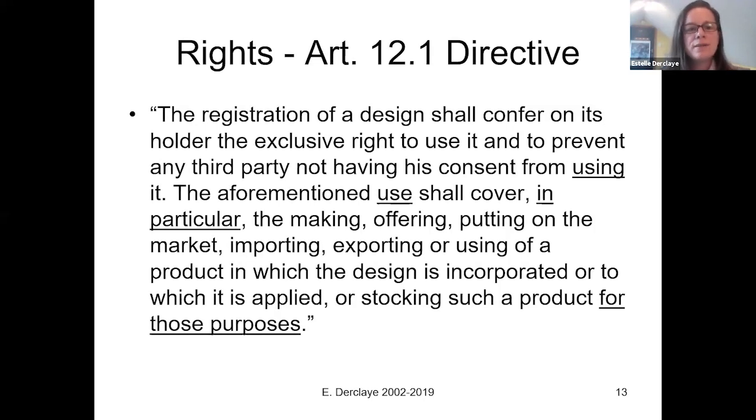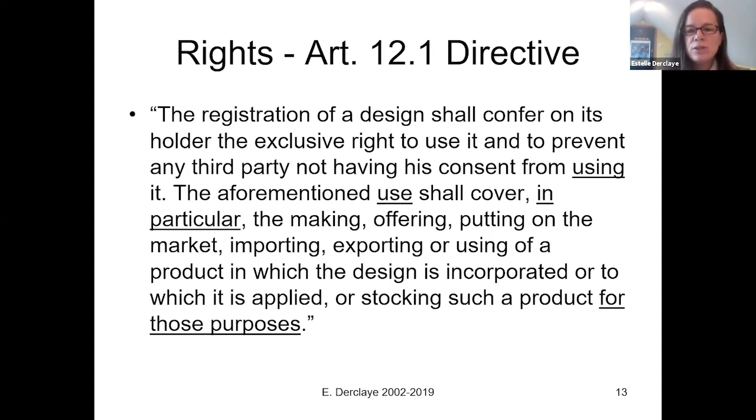What are the rights that the designer gets, or the owner of the design, if it's the designer or the employer? Well, if it's a registered right, and I'm only talking about registered rights, they have this concept that I said of monopoly, in the sense that you can sue if the defendant did not have the consent from you to make the design.